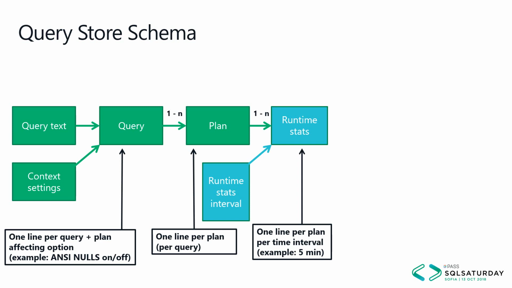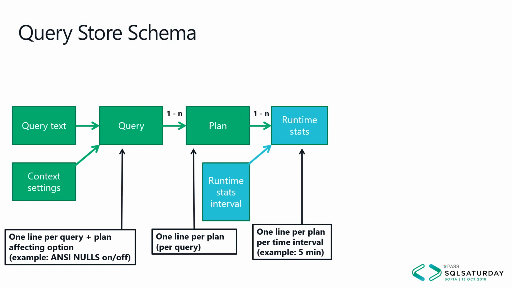This is controlled by an interval, the runtime stats interval. The DBA is in control of this interval. It can be set to 5 minutes, 20 minutes. The DBA can control this. So, Query Store will keep the information in memory and will summarize all the execution information for each interval.